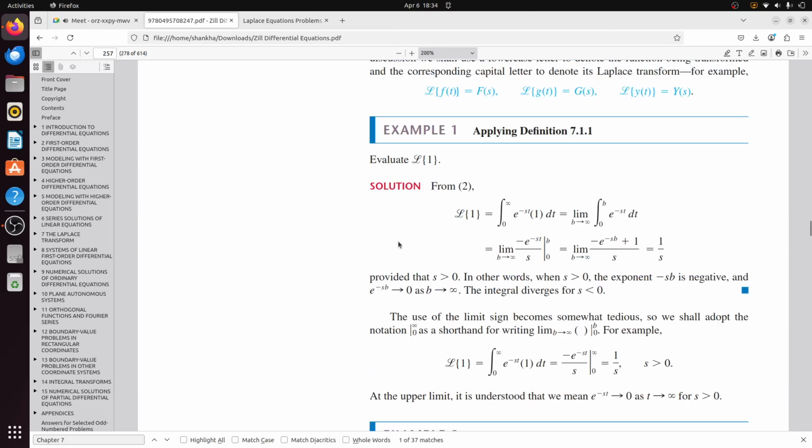So I will solve one problem based on just this definition. A very basic one: evaluate the Laplace transformation of 1.